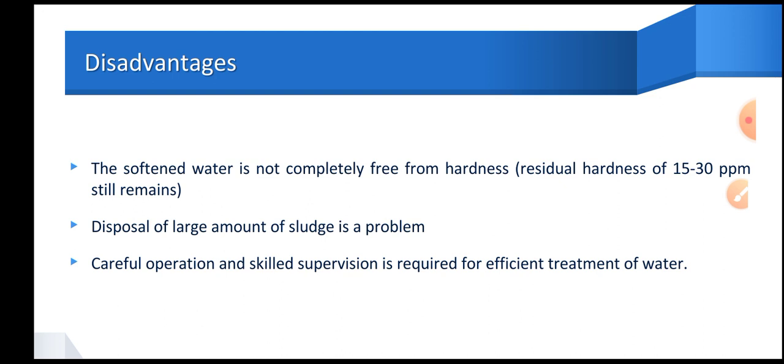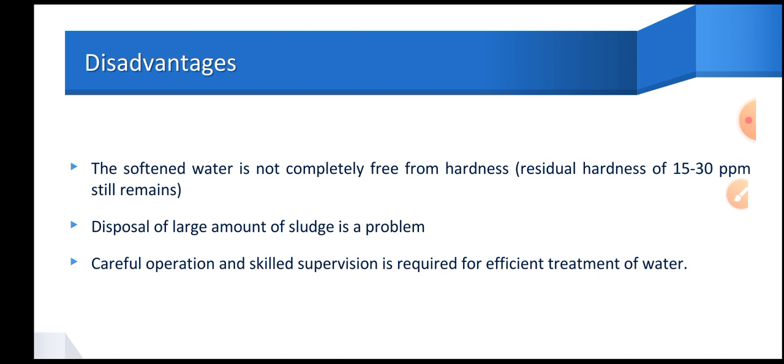Let us see the disadvantages. The softened water has a residual hardness of 30 ppm. So we cannot say that this process gives softened water with 0 ppm residual hardness. After treating the water with the hot lime soda process, we usually have a residual hardness of 30 ppm.